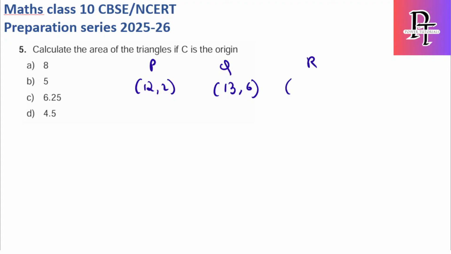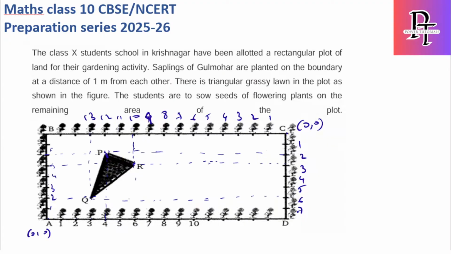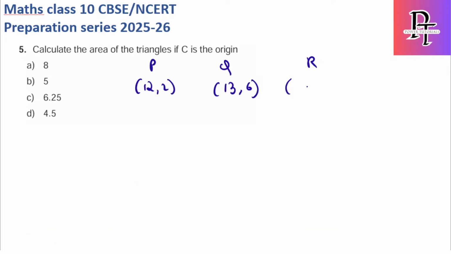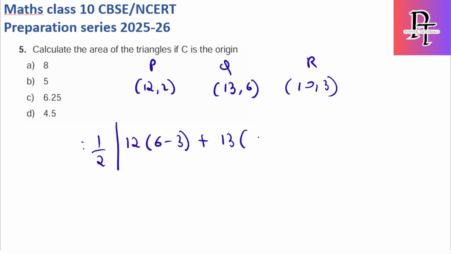And R value is (10, 3). So let's substitute the values. It is half into modulus of 12 into (6 minus 3) plus 13 into (3 minus 2) plus 10 into (2 minus 6).